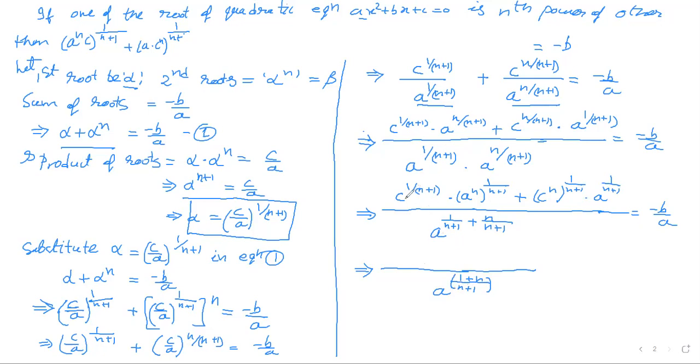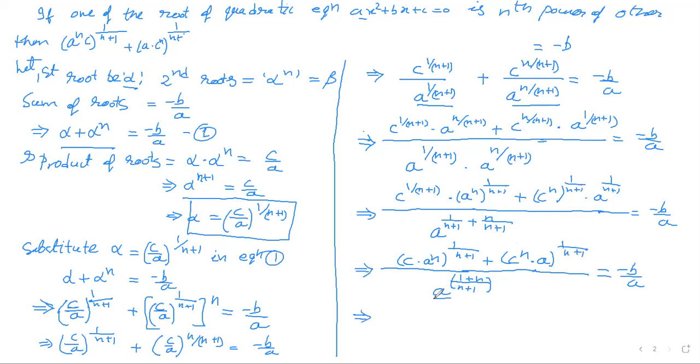Now in the numerator, this c and a to the power n both have powers of 1 upon n plus 1. So we can write c into a to the power n whole to the power 1 upon n plus 1 plus c to the power n into a whole to the power 1 upon n plus 1 equals minus b by a. Is that clear to you? Yes, sir.